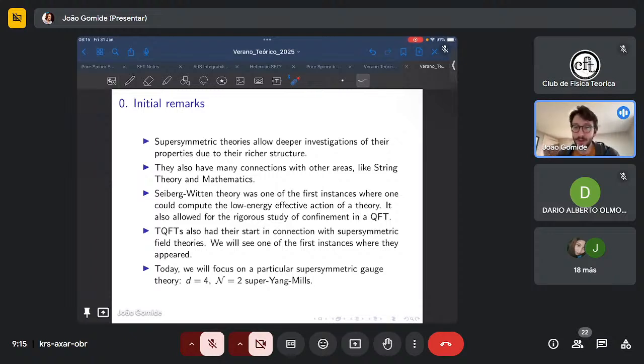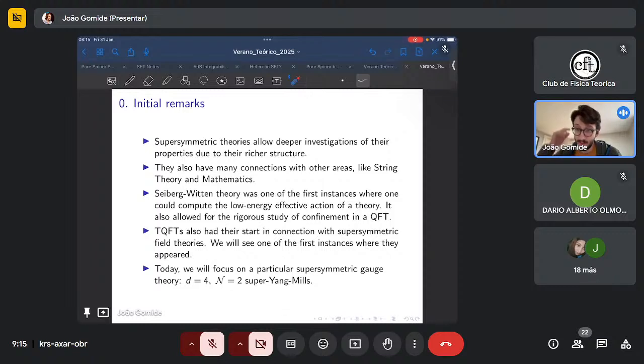The Standard Model is not supersymmetric, so I have to go beyond the Standard Model. But here, because the theory is supersymmetric, we can study and understand confinement in a better way. I won't discuss confinement in the talk. I'll just say how you can find this low energy effective action, but this is already a very non-trivial thing that you can do and that Seiberg and Witten were able to do.